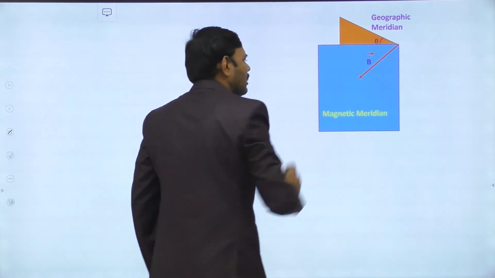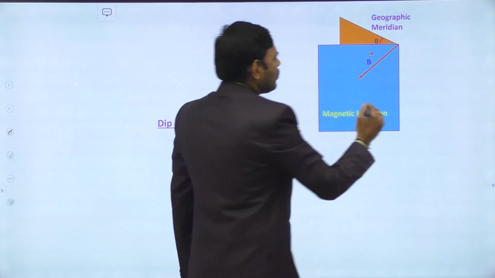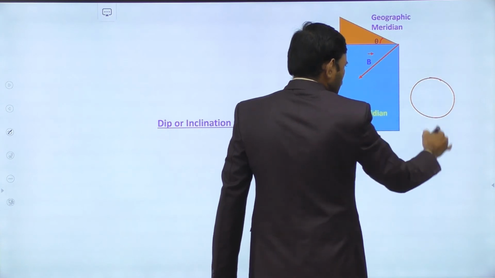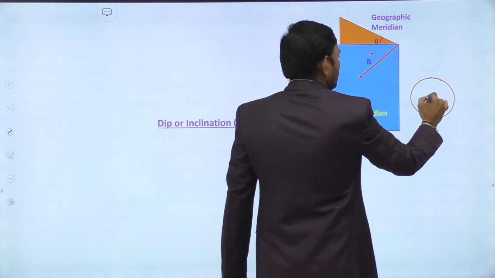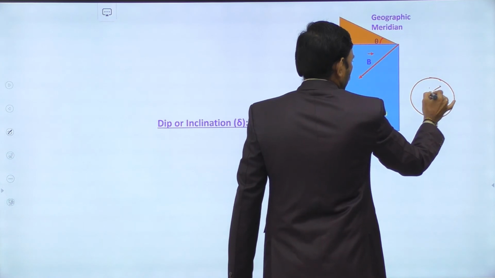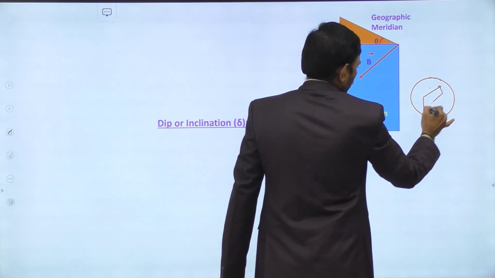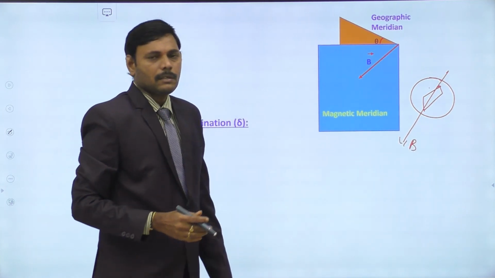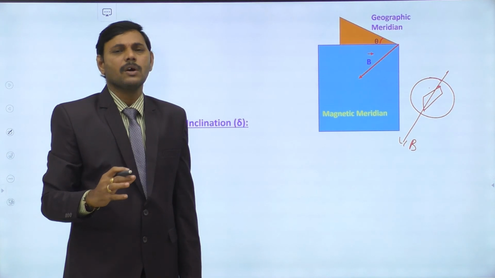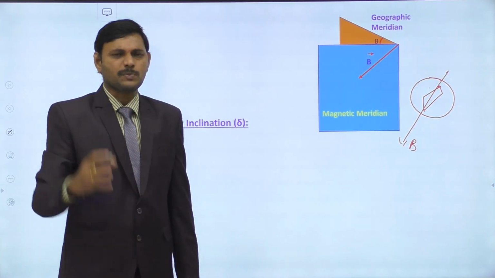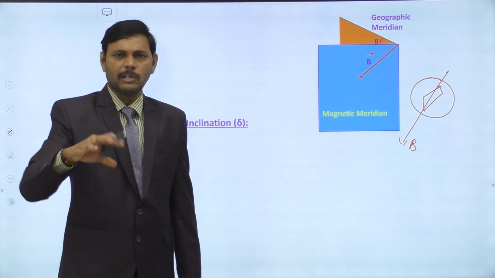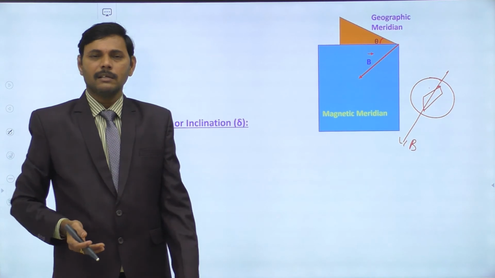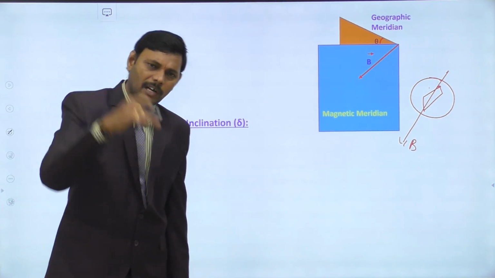Suppose you have a magnetic compass, and when you suspend the magnetic compass vertically, the magnetic needle aligns in a particular direction, and this is the direction of magnetic field of earth. So take a compass box having a magnetic needle and suspend the compass vertically without any other effects. Then the compass is aligned along a particular line that shows the actual magnetic field of earth.